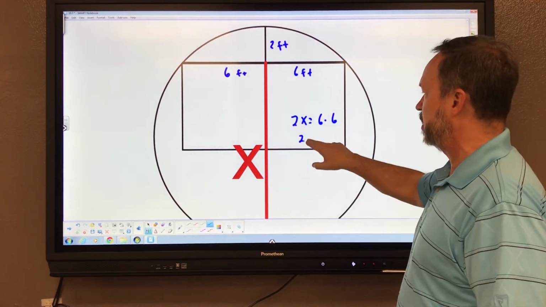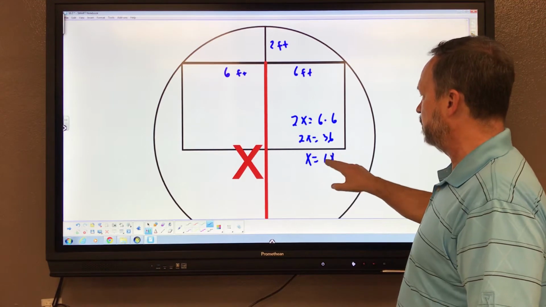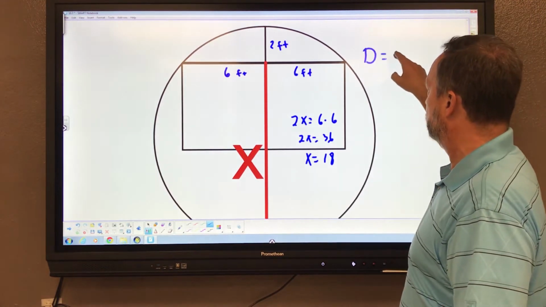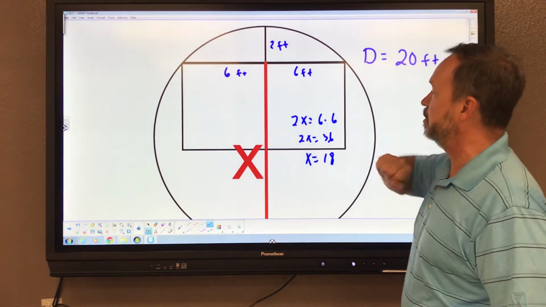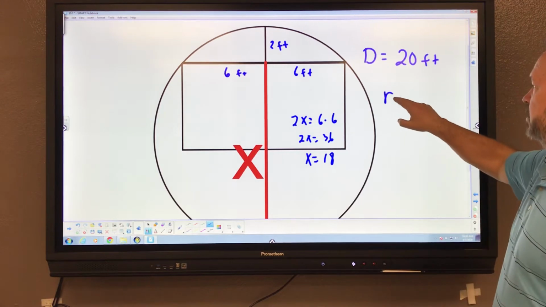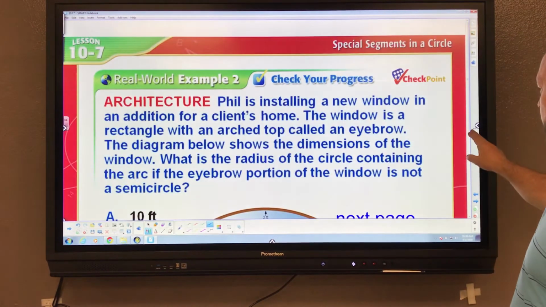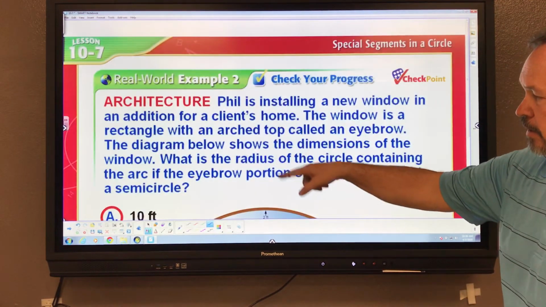So then 2x is equal to 36, x is equal to 18, right? Which means the diameter is 20, because you had the 18 plus the 2, which means the radius is 10. Going back and looking, that's answer A.